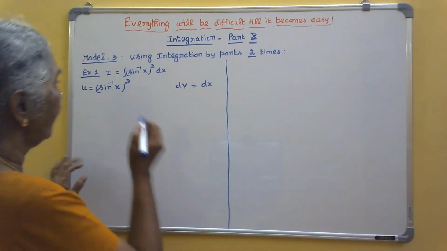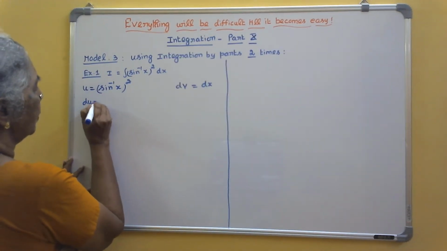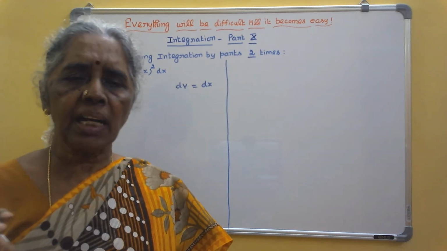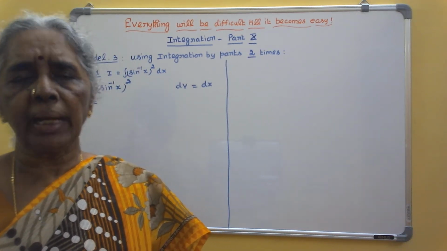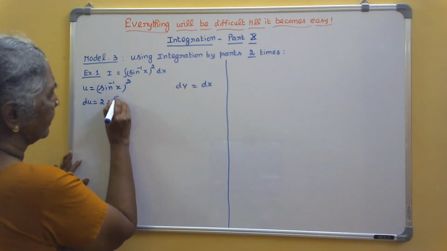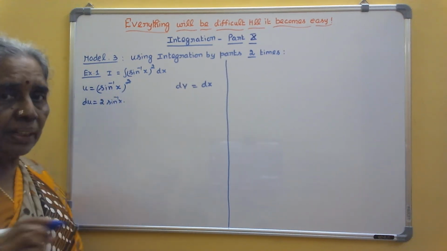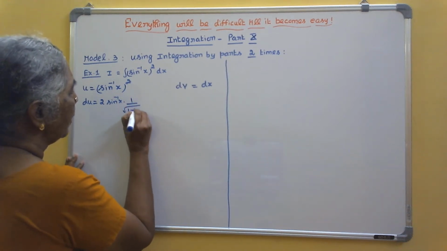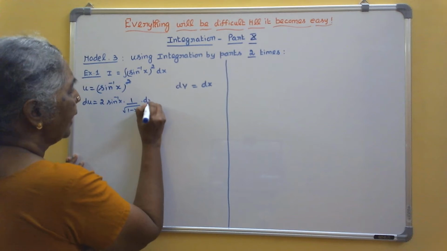So now let us differentiate. Du is equal to, here you have to use chain rule or function of a function in differentiation. Okay, so you will get 2 sine inverse x. Then the differentiation of sine inverse x is 1 by root of 1 minus x squared, then dx.